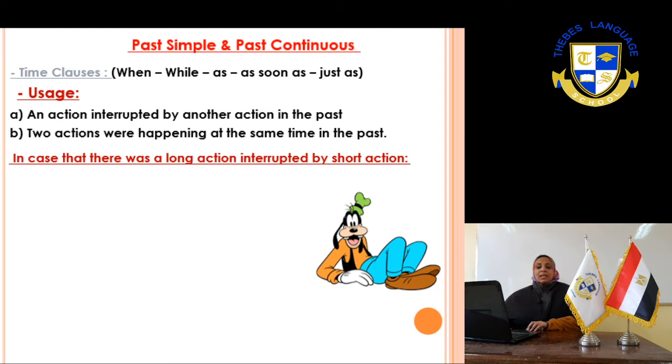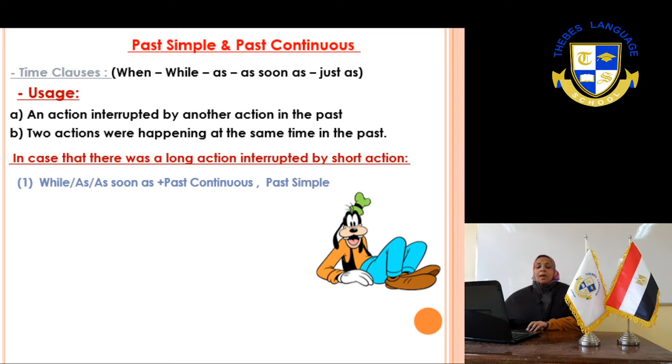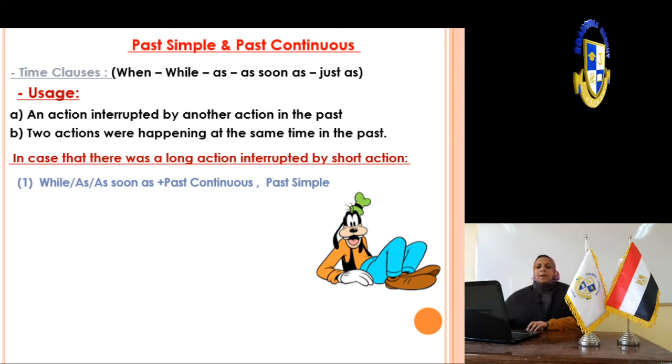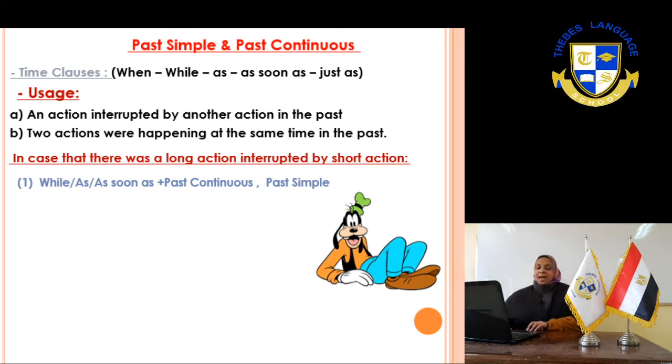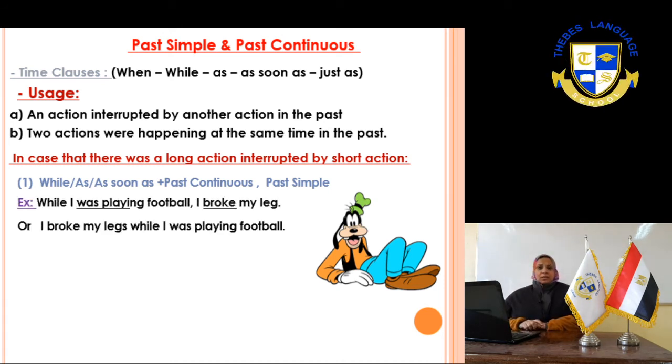Okay, in the case that there was a long action interrupted by a short one, the first case, I use while or as soon as, plus the past continuous. Now, while, as, or as soon as, they love the past continuous. So the first verb following these time clauses is the past continuous, and the next verb is the past simple.